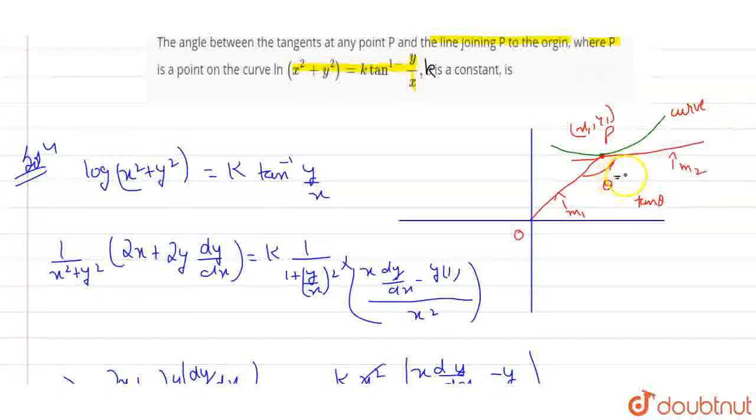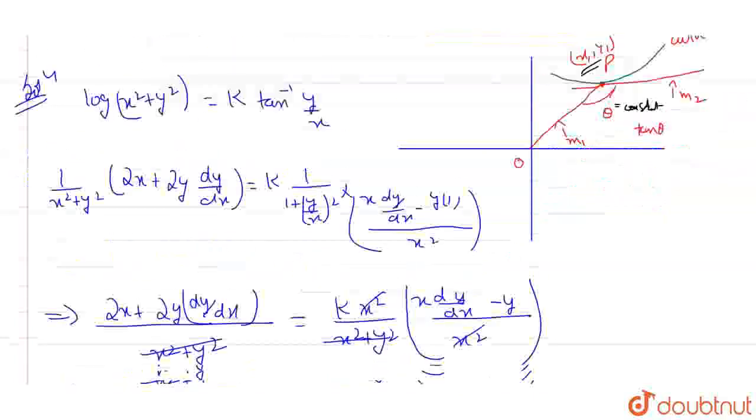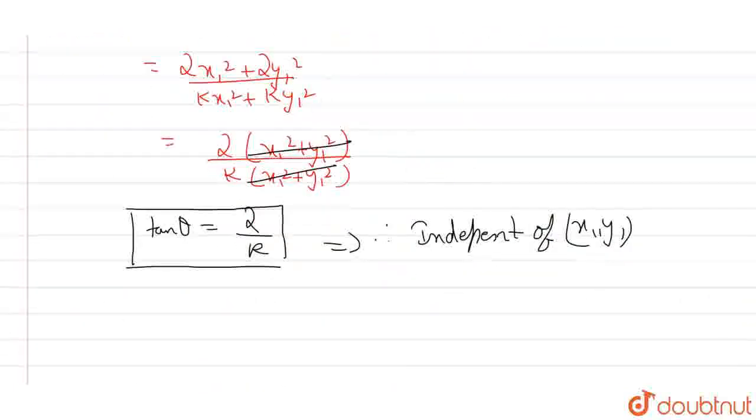This theta will always remain constant because the value of tan theta comes out to be constant, which is independent of x1 and y1, any point P on the curve, right? So that's why our answer comes out as 2 by k, which is independent of x and y.